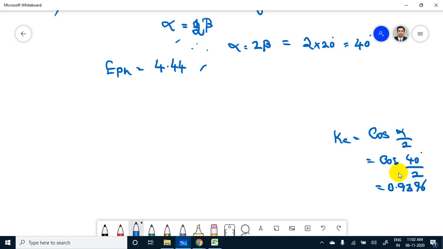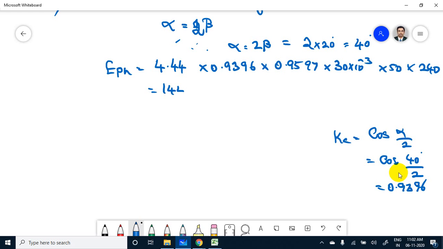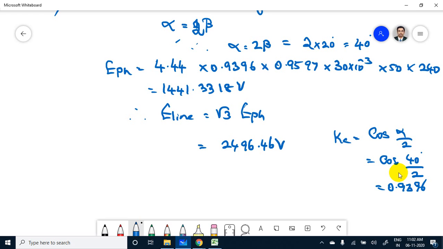So 4.44 into 0.9396 into Kd 0.9597 into flux 30 into 10 power minus 3 into frequency 50 into number of turns per phase 240. We will get 1443.318 volt. Therefore E line is equal to root 3 into E phase. Substitute it, we will get the final answer 2499.459 volt. Okay, that's all.